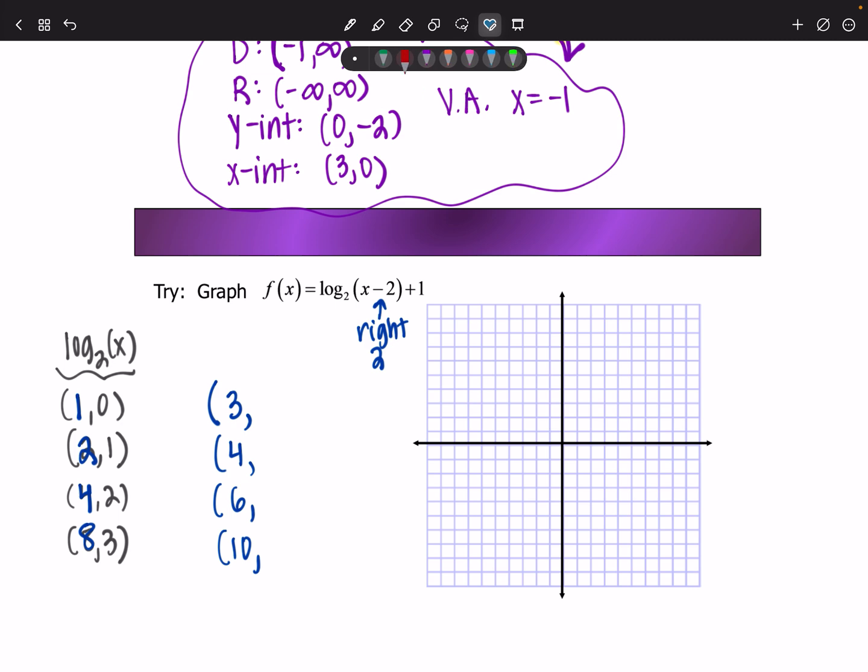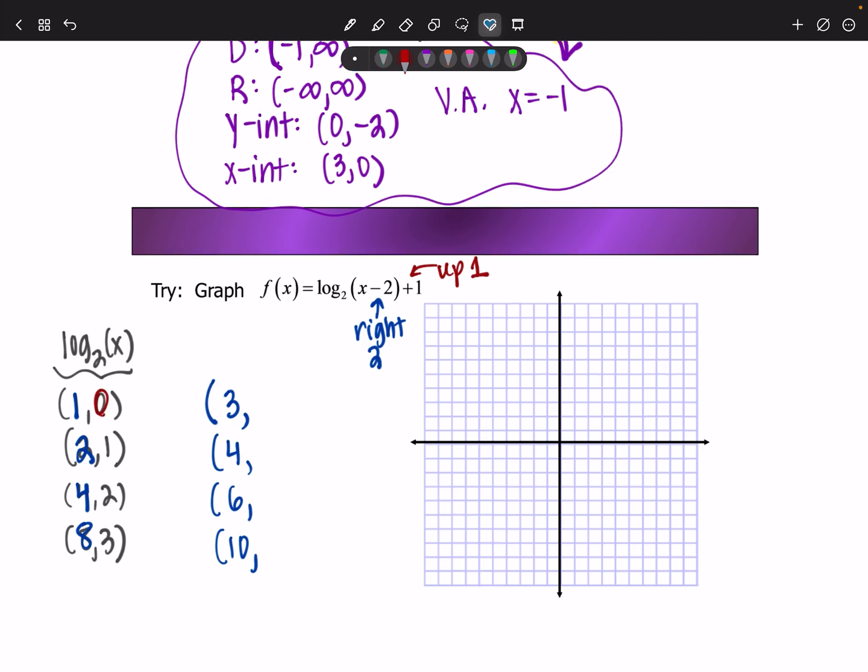Then we've got up 1 unit. Up 1 means we're going to be adding 1 to the y value. 0 plus 1 is 1. 1 plus 1 is 2. Did we do that right? No, we didn't.